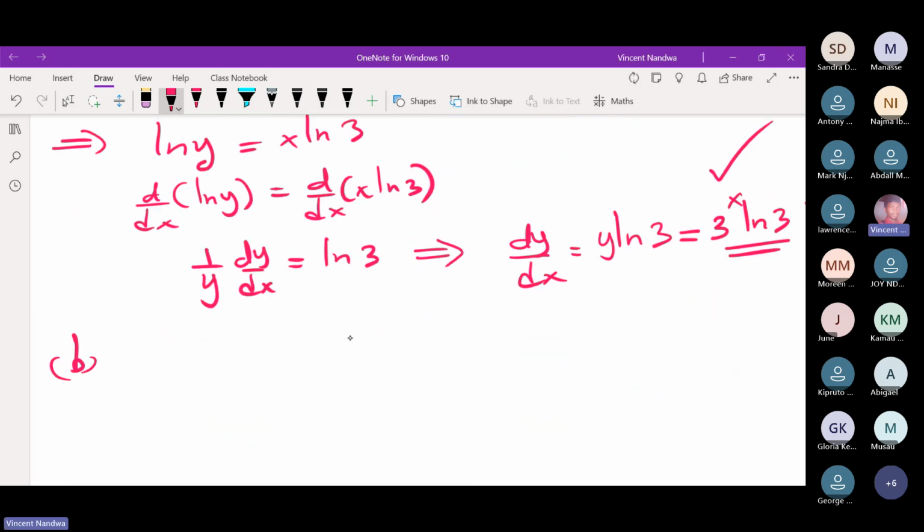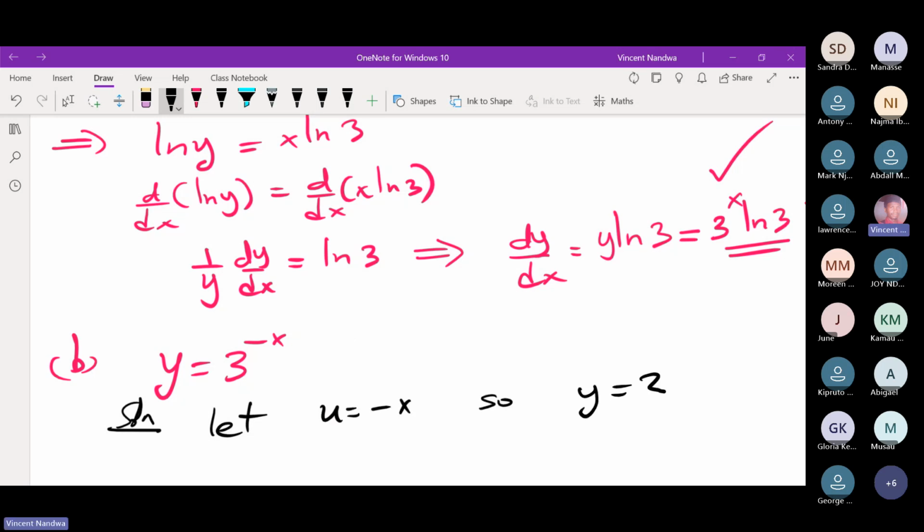Then B, y equals 3 raised power minus x. So you can use the chain rule here. You let u be minus x so that y will be 3 power u.